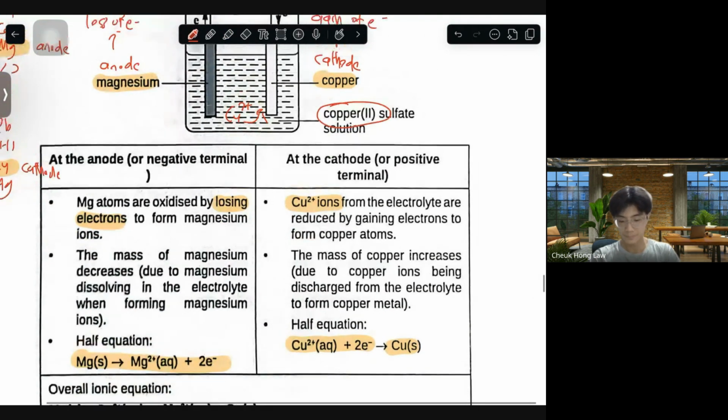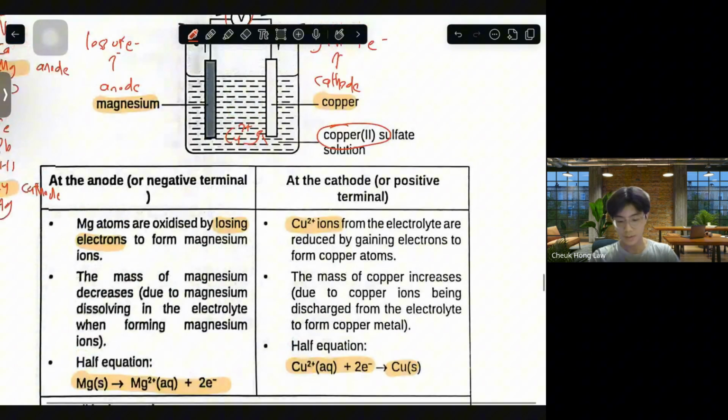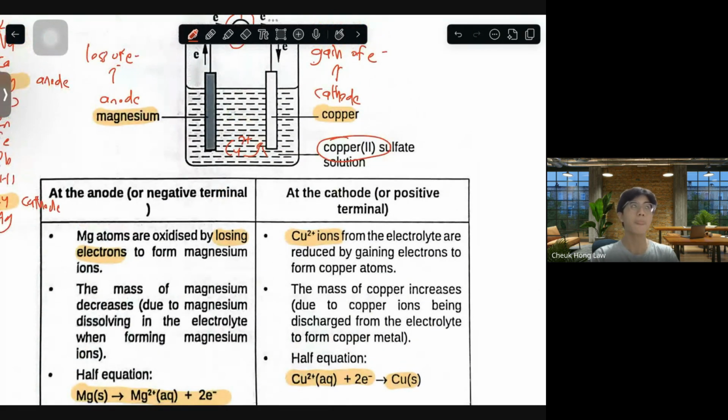So even though copper is a reactive electrode, the ions that take part in the reaction will still be the cations, because your cations gain electrons to form more copper. So more copper will be formed here. That's why our observation is the mass of copper increases.